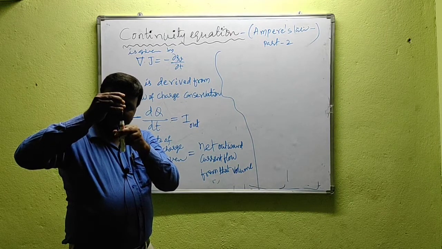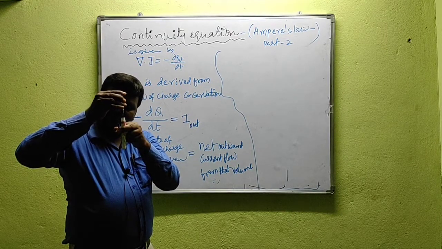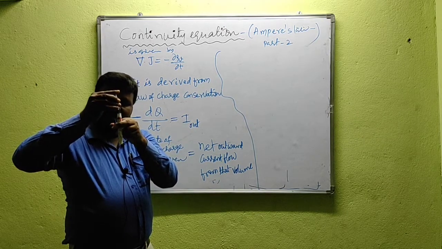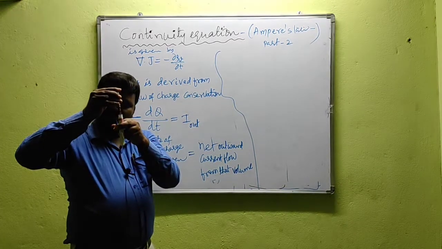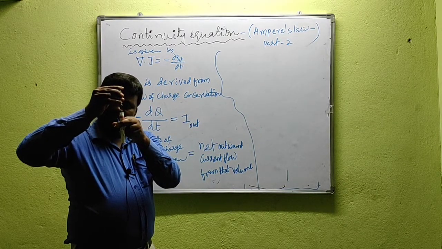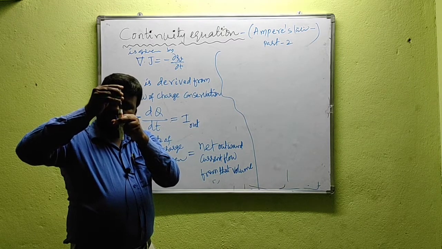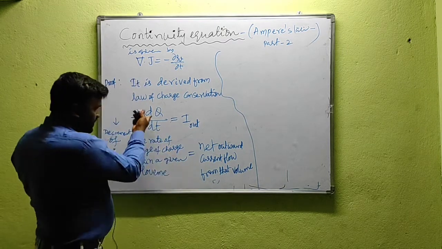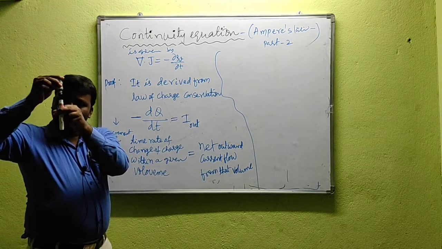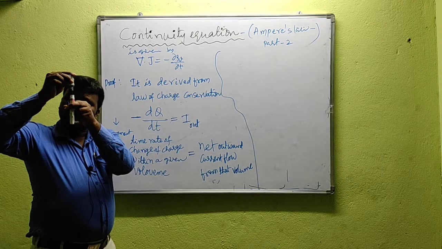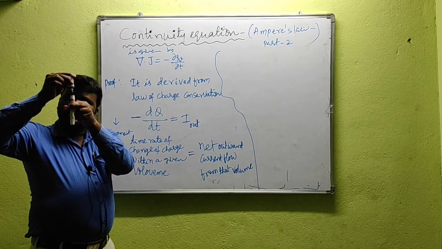The net flow of ink means the net flow of charge. Ink is similar to our charge, so a decrement of the ink in the bottle means a decrement in the charge with respect to time. This leads to a net outward flow of ink, meaning a net outward flow of charge. The flow of charge is nothing but current.